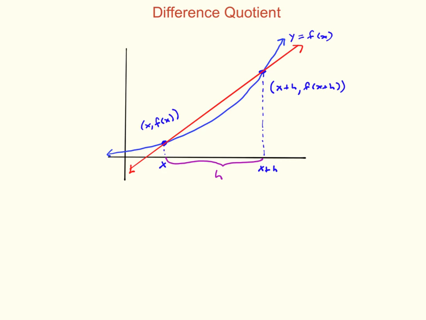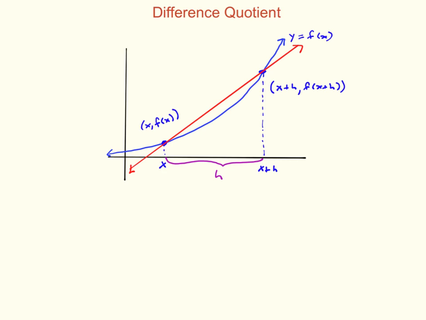It's probably the most important thing that we deal with in this class, and it comes very early. There are two branches of calculus: integral calculus and differential calculus. The difference quotient really is the basis for the branch called differential calculus.